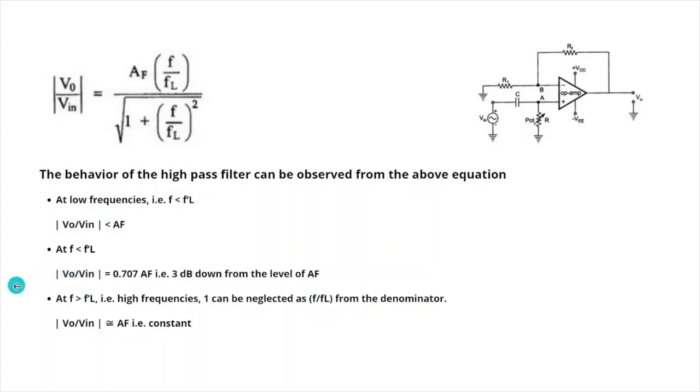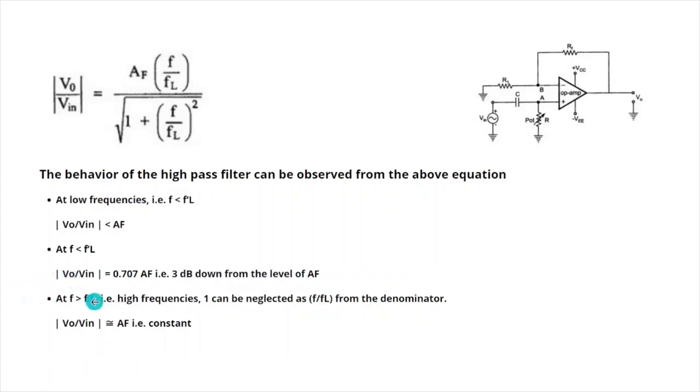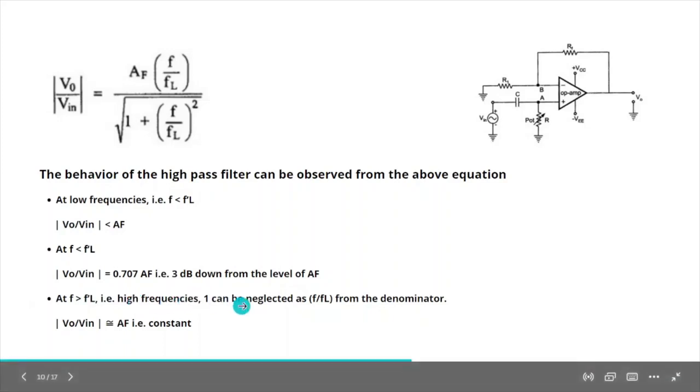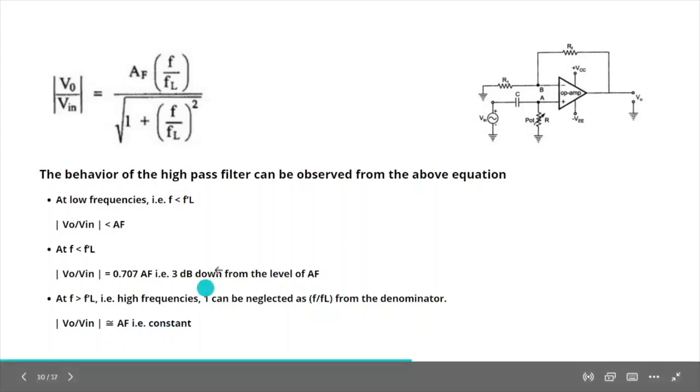And when we have a frequency greater than the cutoff frequency, that is higher frequencies, the FL divided by F term can be neglected from the denominator, and the voltage gain which we receive is approximately equal to AF, which is constant.